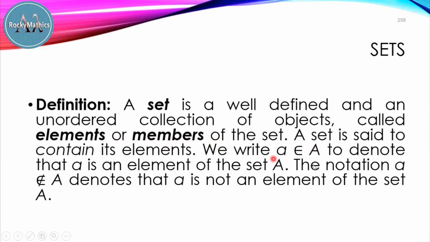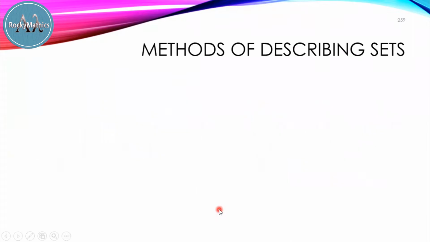Then we write this notation to denote that a is an element of the set A. So if you encounter this notation, this means that a specific element belongs to a set A. On the other hand, this notation means that a is not an element of A. So this means that a doesn't belong to the set A.